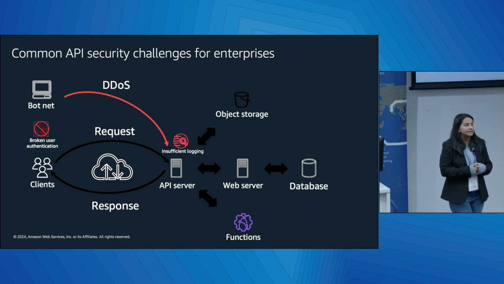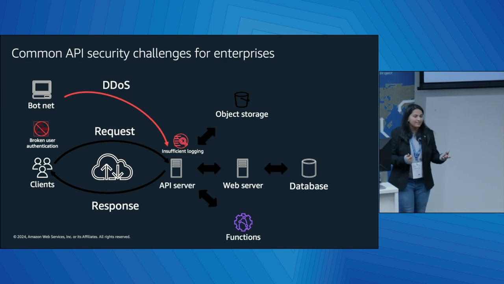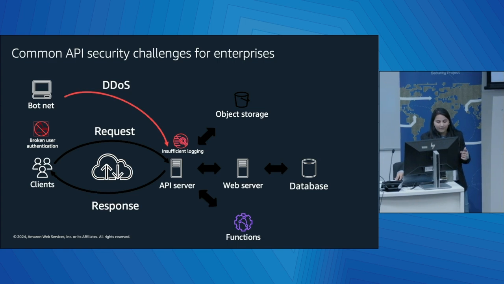If an application cannot recognize that, then it's an issue. How can one person send 1,000 requests? If they don't have any throttling, they can utilize the server, and it will keep genuine users away.